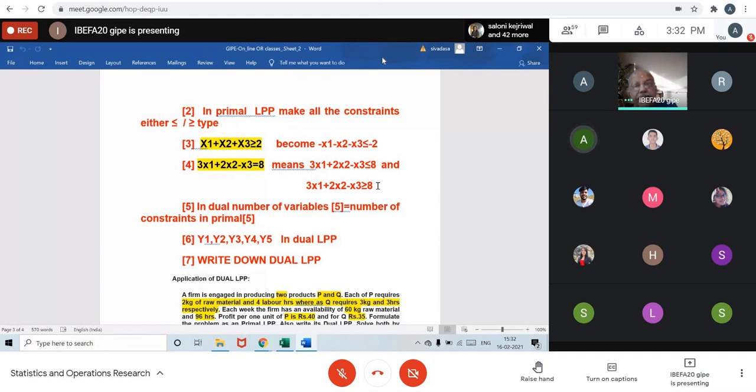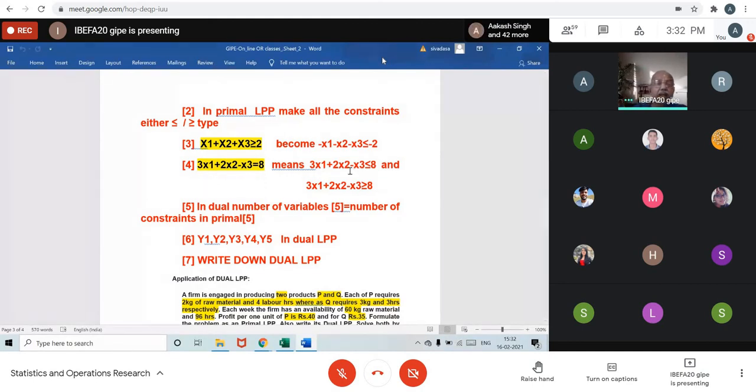So can you please repeat this? Yes, suppose in primal LPP, if the given constraint is an equation, then that can be written 2 ways, the less than or equal to way and the greater than or equal to way, correct?